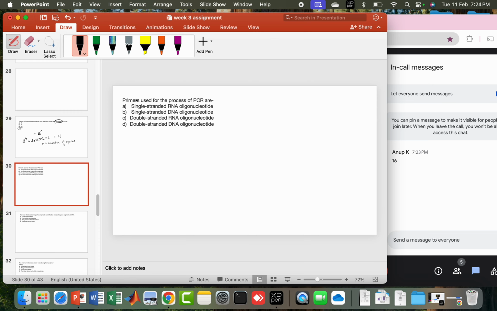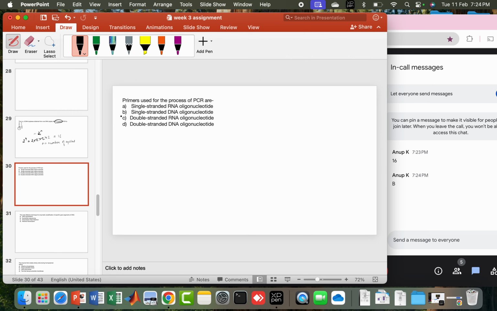So the next question is: primers used for the process of PCR are single-stranded RNA oligonucleotide, single-stranded DNA oligonucleotide, double-stranded RNA oligonucleotide, or double-stranded DNA oligonucleotide. So what is the answer here? Primers are supposed to be single-stranded so that they can anneal to our single-stranded template.